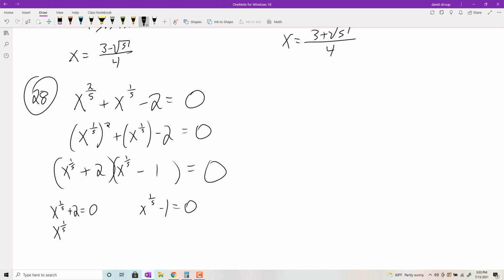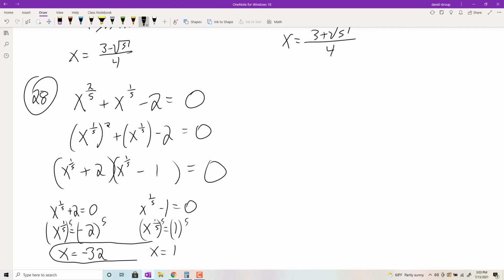Move the 2 to the other side, and then raise both sides to the 5th power. Negative 2 times 4, 8, 16, negative 32. Raise both sides to the 5th power. x is 1. Odd root, you don't have to check the answers. So those are our 2 answers.